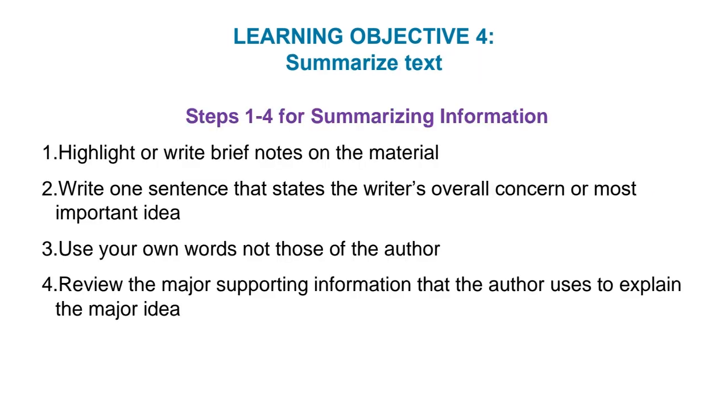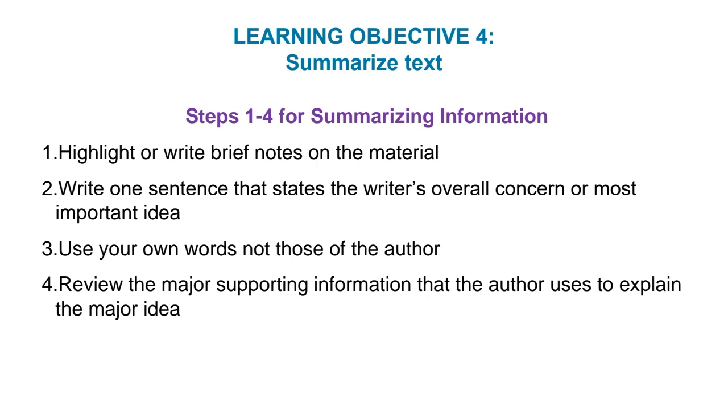All right. So for summarizing information, there are going to be a few steps for this. You can see there's going to be a total of 8 steps. So the first thing you want to do when you're summarizing, you can see point 1, you want to highlight and annotate. That's your first step so that you can understand it and have enough to where you can actually summarize it.